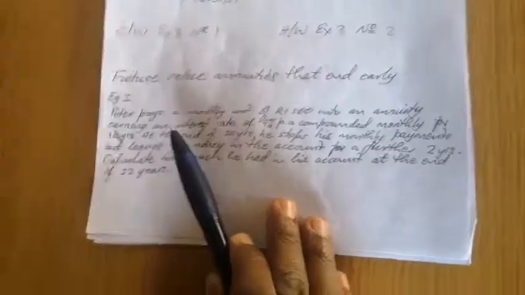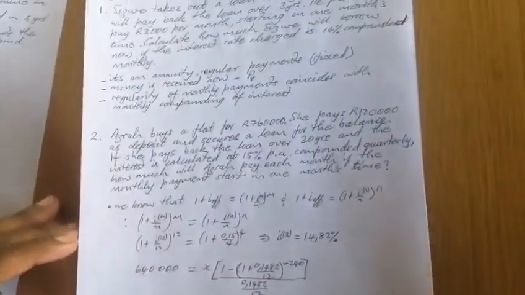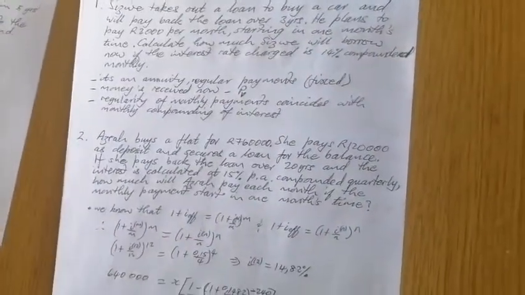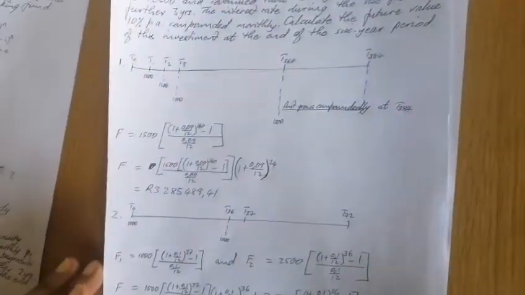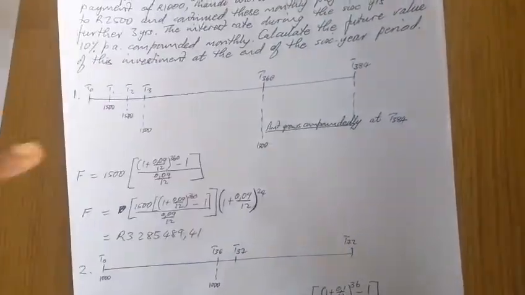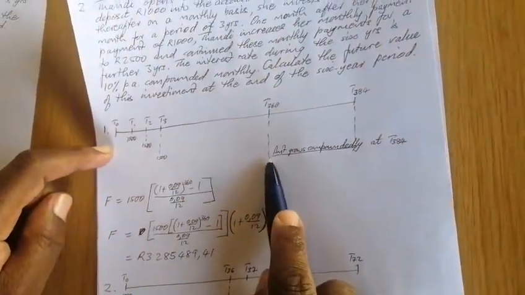Now, this question calls for our ability to deal with questions of this nature by simply drawing a timeline as usual. So we are starting at T0 and we are ending after 32 years.